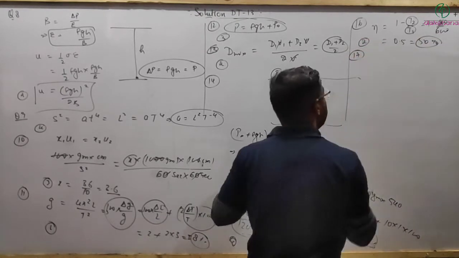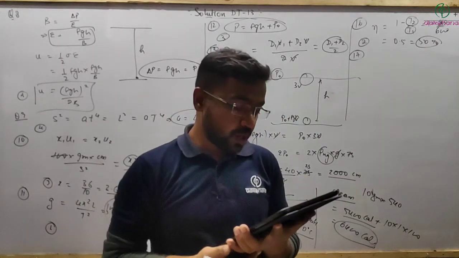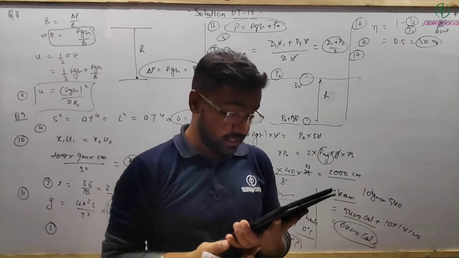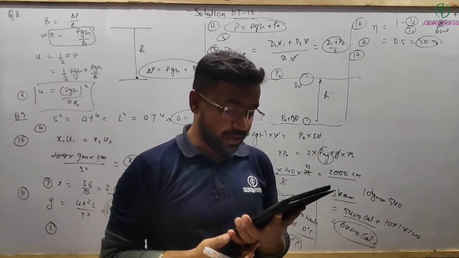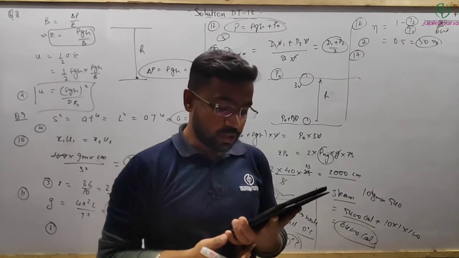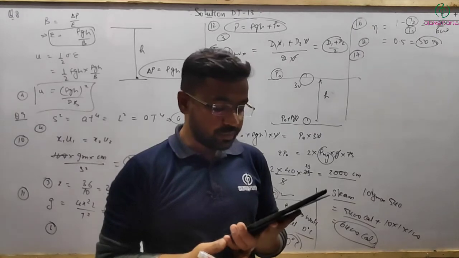Question number 17. A meter stick is balanced on a knife edge at its center. When two coins, each of mass 5 gram, are put one on top of the other at the 12 centimeter mark, the stick is found to be balanced at 45 centimeter.